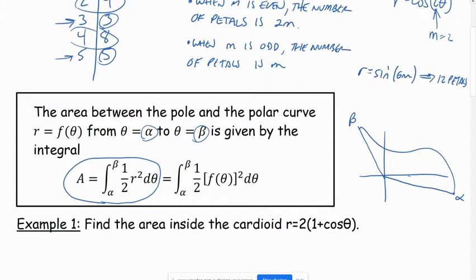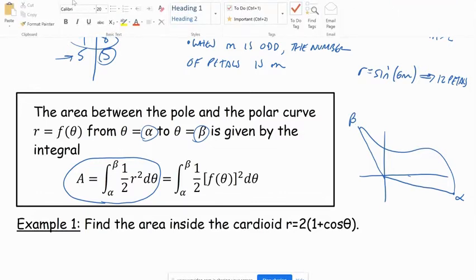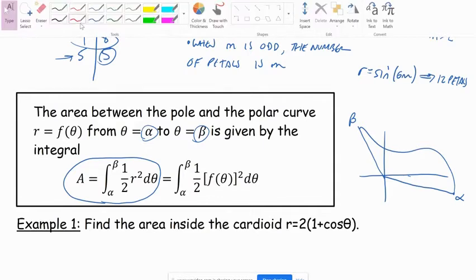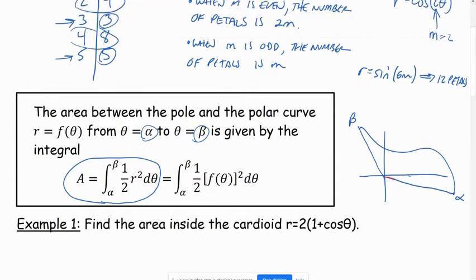What's happening is the area that we're calculating is not the area under the curve like it was when we were in Cartesian. When we are talking about the area inside a polar curve, what we're really talking about is the area that is swept out by all the radii.